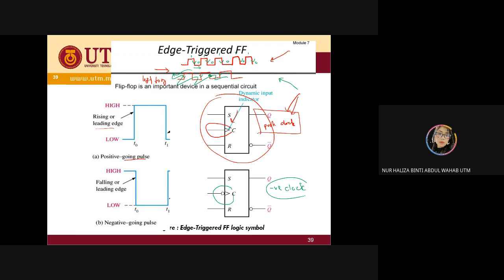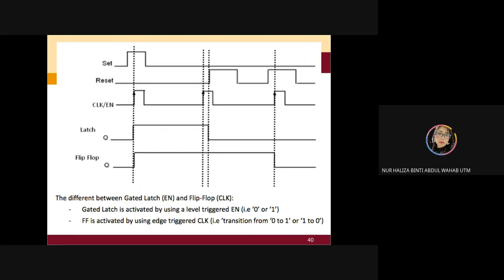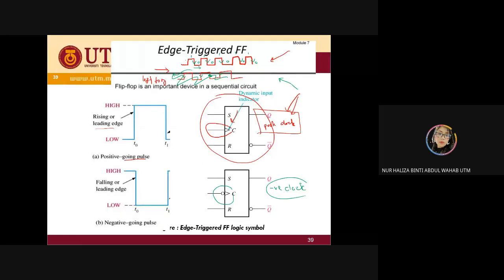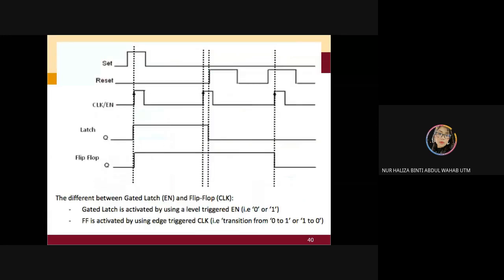You need to understand this clock, because your waveform will be triggered only at this specific line. Now I'm going to show you the difference. Yesterday, I did a recap a bit, right?